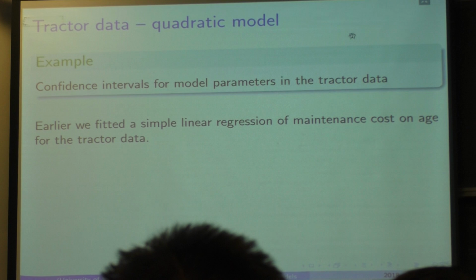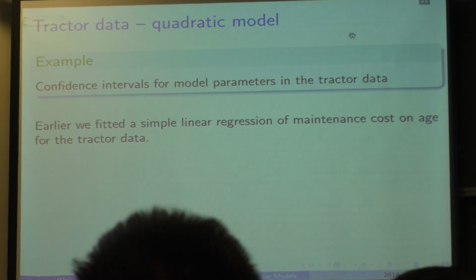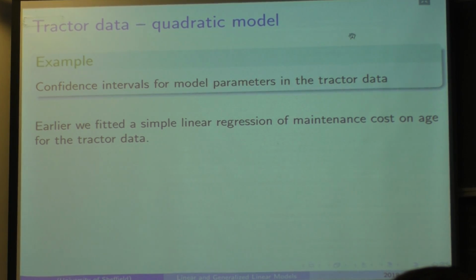Okay, so now I'm going to show you some confidence intervals for the model parameters done in R. So I'm going to use the tractor data again, but I'm going to fit a different model now. Previously, we just fitted a simple linear regression model for the tractor data. Okay, so maintenance cost was fitted as a linear function of age.